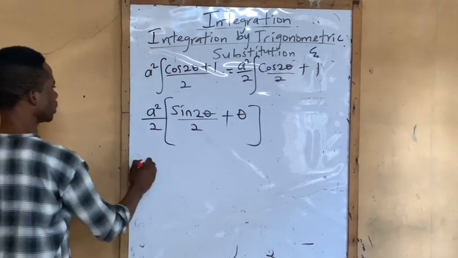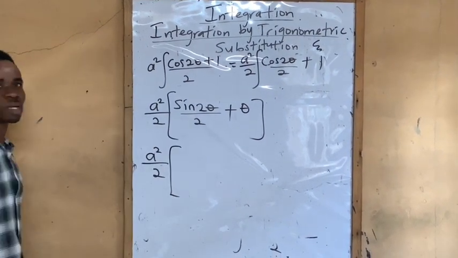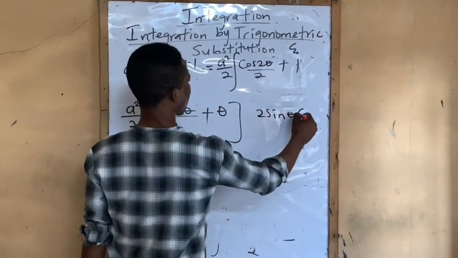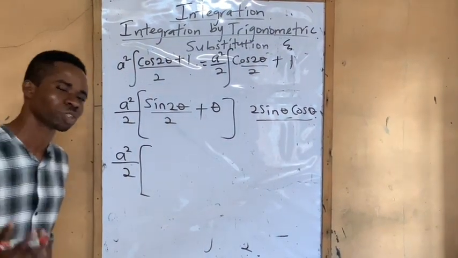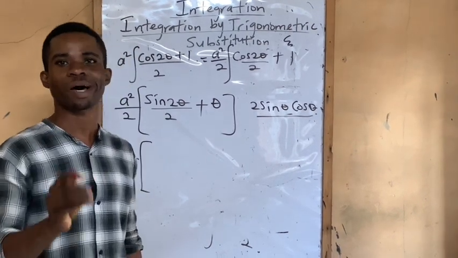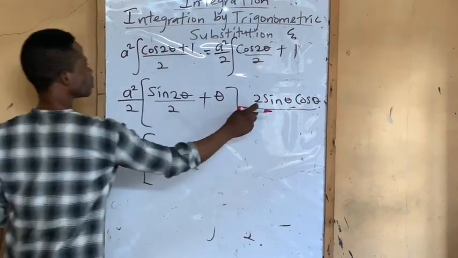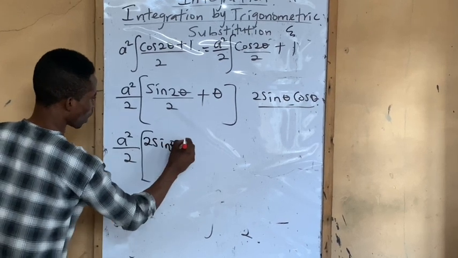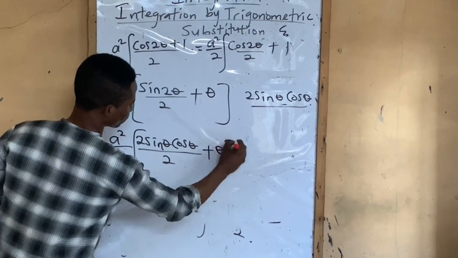So we have a square all over 2. And what is sine 2 theta? Sine 2 theta is 2 sine theta cos theta. Please try to watch the video I made on the addition and product formula for trigonometry. All these things will become clear. Sine 2 theta is 2 sine theta cos theta. That means 2 sine theta cos theta all over 2 plus theta.